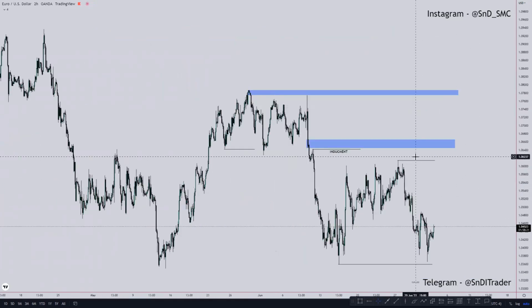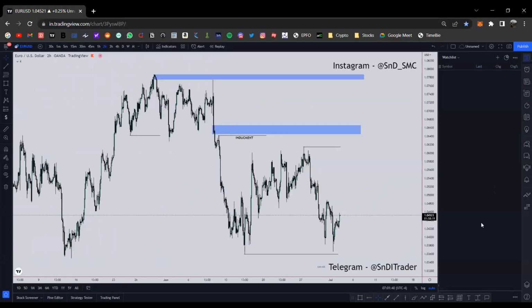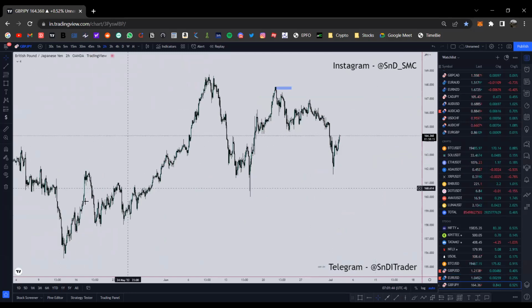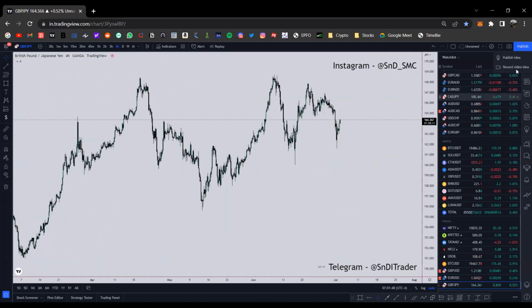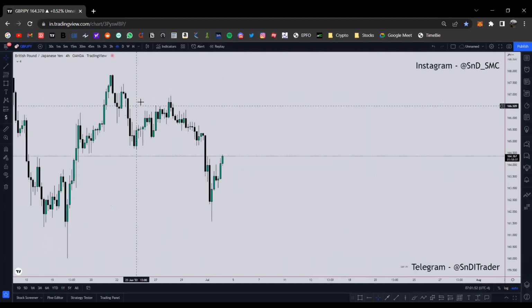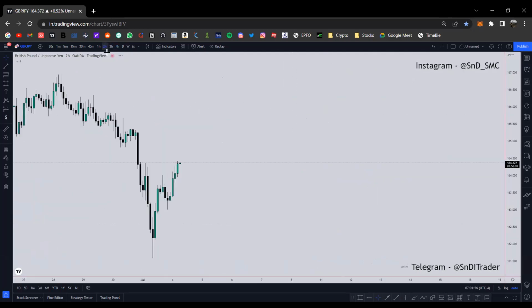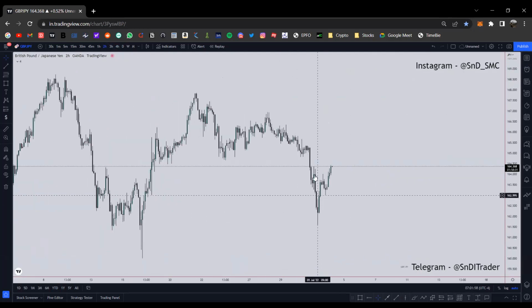And let me just go on another pair for you. So this is JPY, 4-hour time frame. On 4 hours, we don't see anything else, I think.